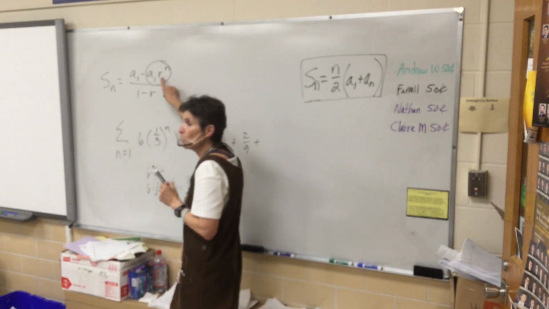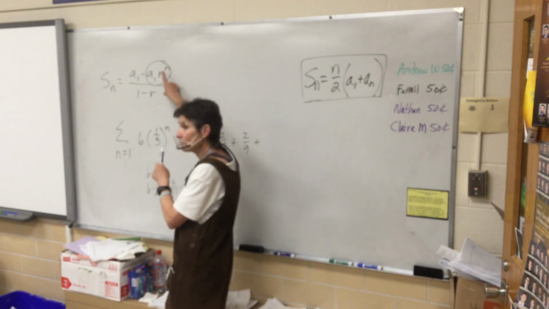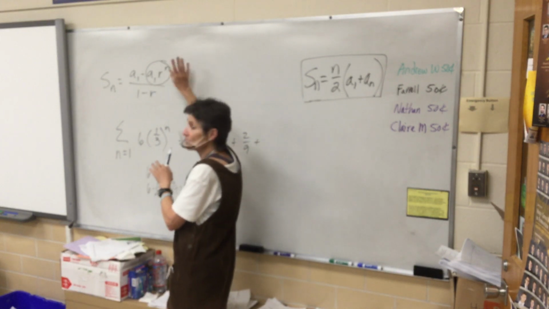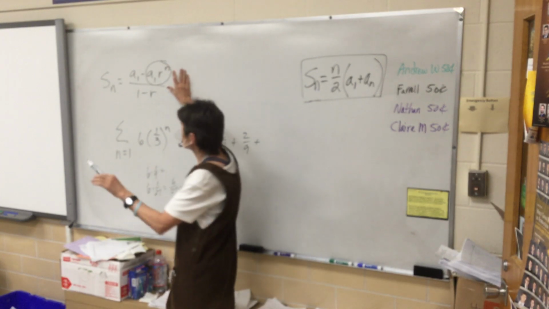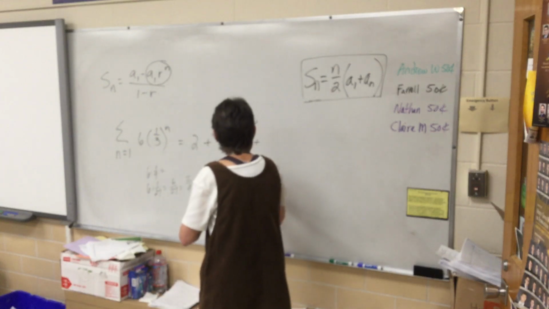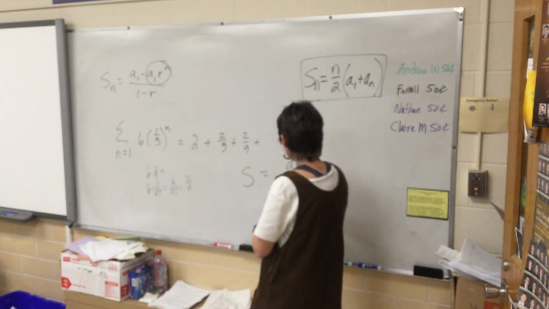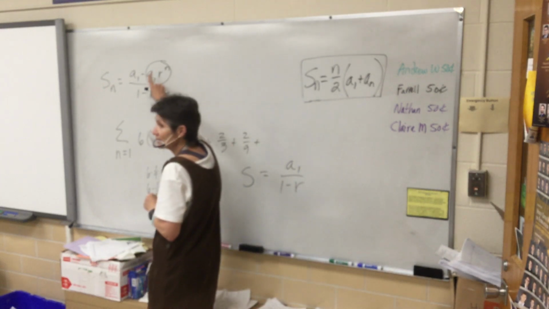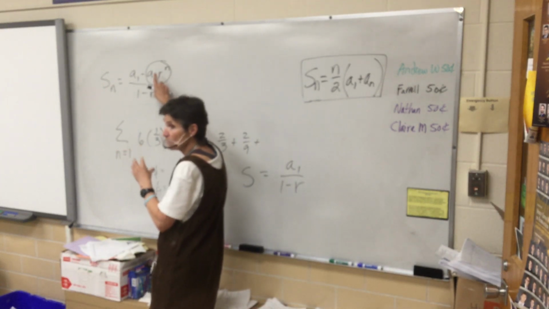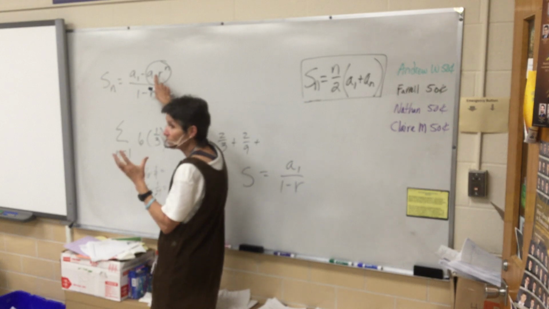Because as you raise 1/3 to higher and higher powers, that's going to become 0. So all you're going to have left is a sub 1 over 1 minus r. Because this is going to get so very small, you can ignore it.